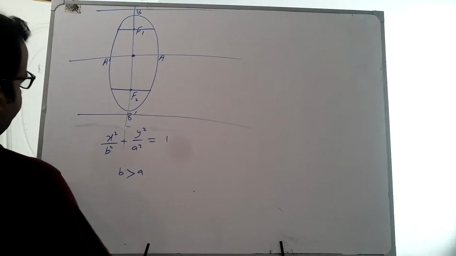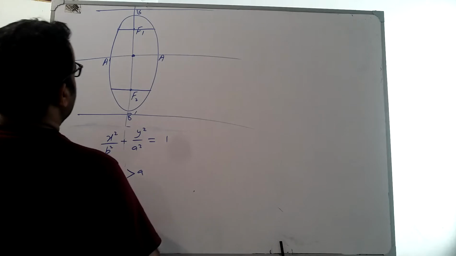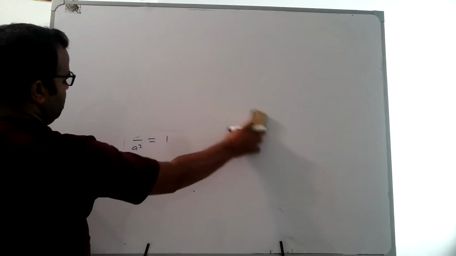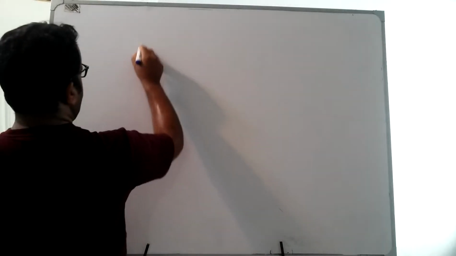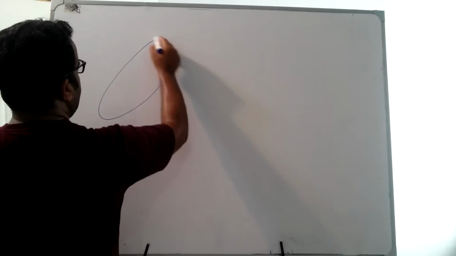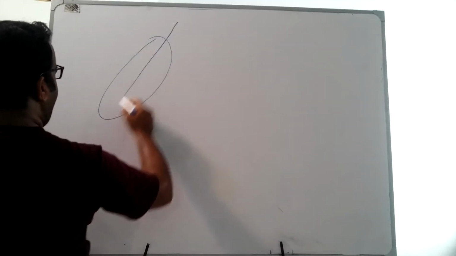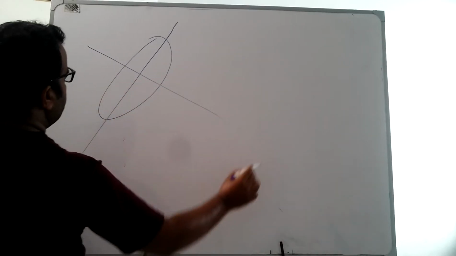Okay, so now move to what are the possible other figures of the ellipse. The axis of symmetry will be this one.